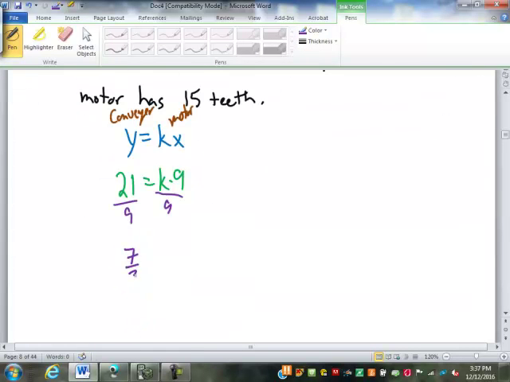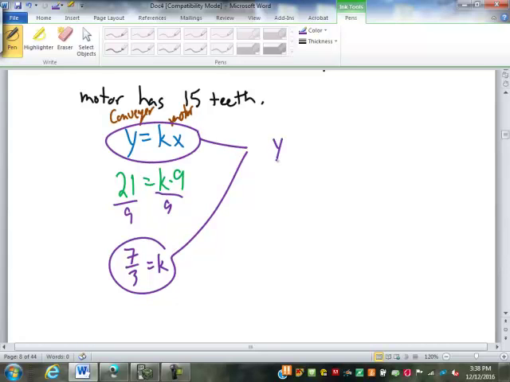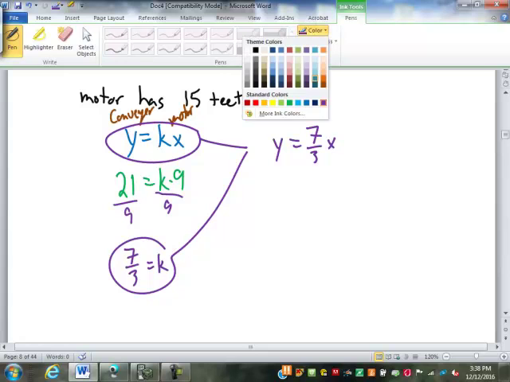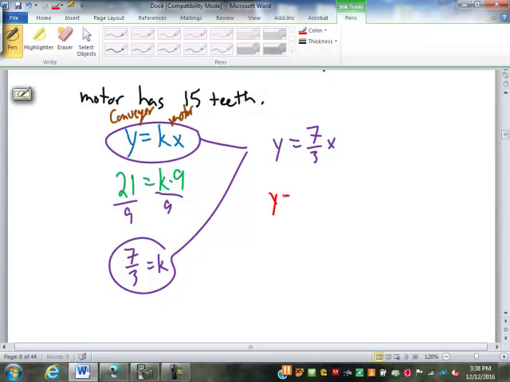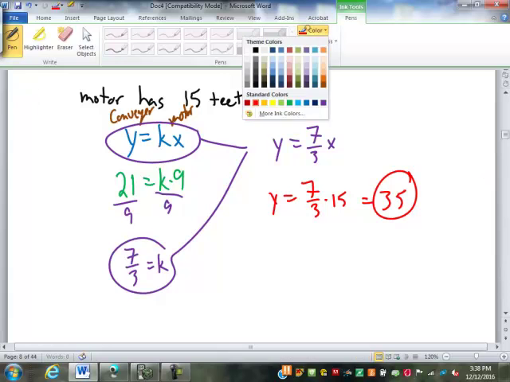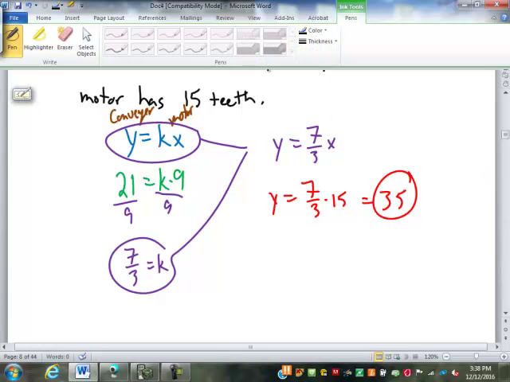That ends up being 7/3 equals K, or 2 1/3 if you want to simplify it down to a mixed number. I'm going to leave it as 7/3. So Y equals 7/3 times X. So now if that motor has 15 teeth, it's 7/3 times 15, which is 35. We need 35 teeth in the gear on the conveyor to keep it at the same speed.